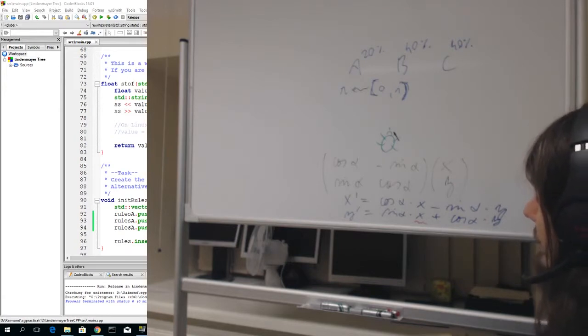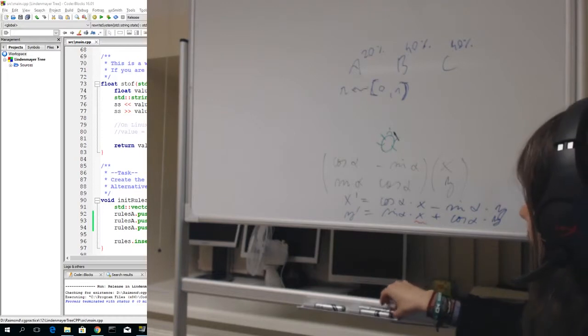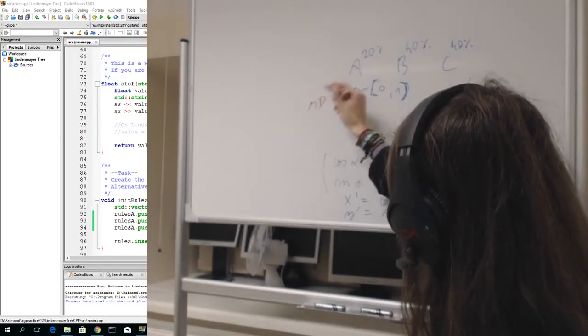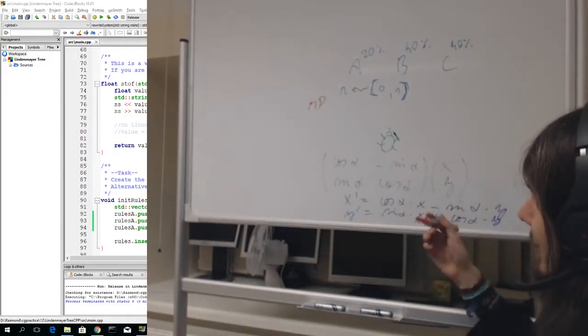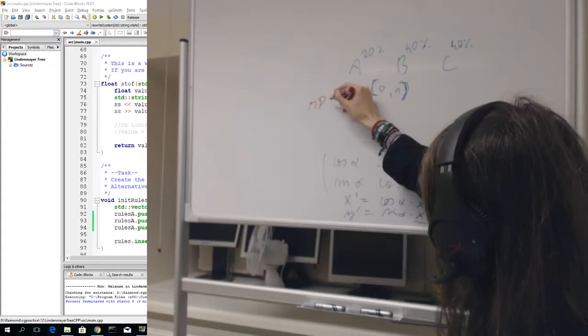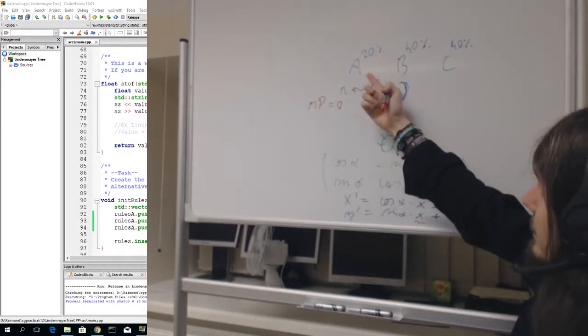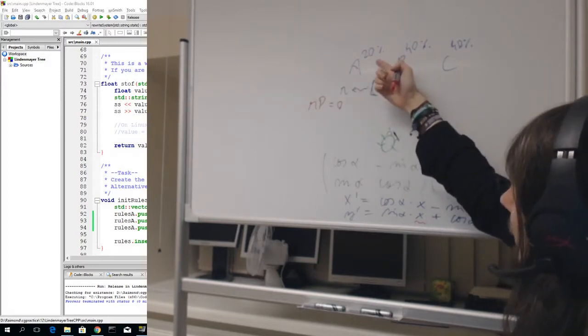And the solution is, let's have another value, and let's call this something like running probability, or maybe the current probability, whatever. This is initially 0, and when we want to consider the case, should we pick A, we add to this A's probability.